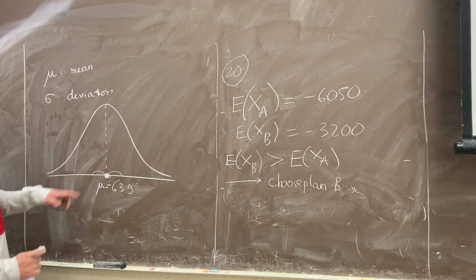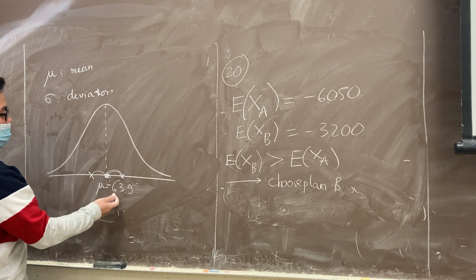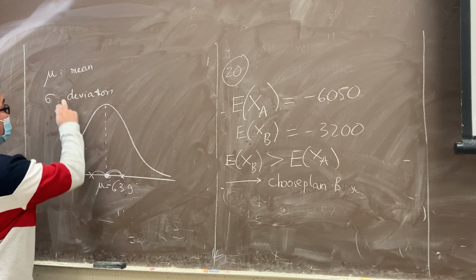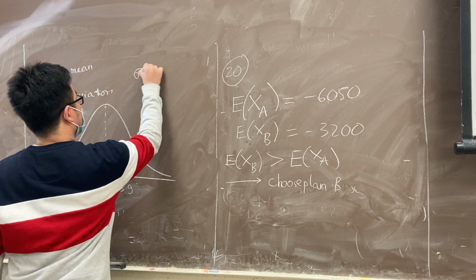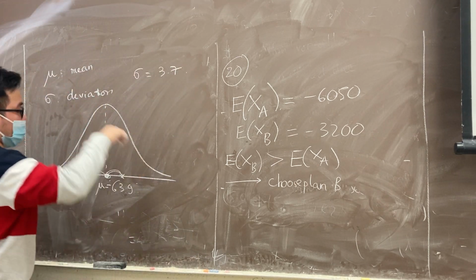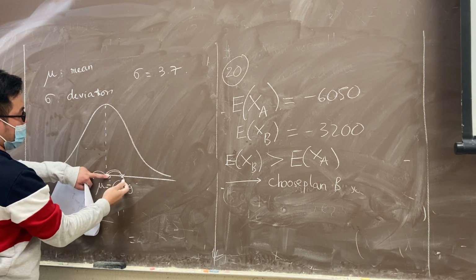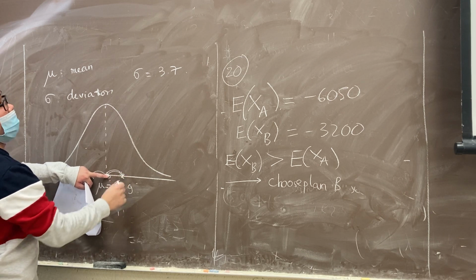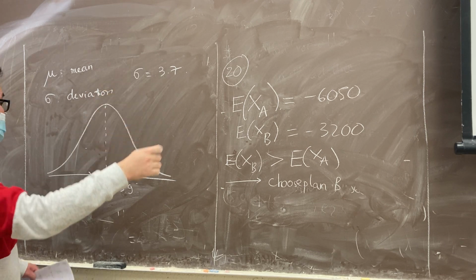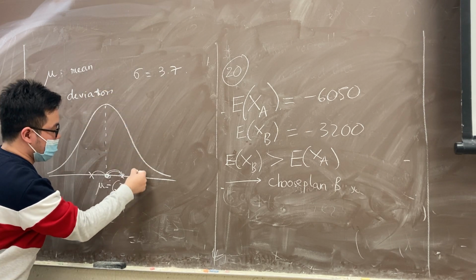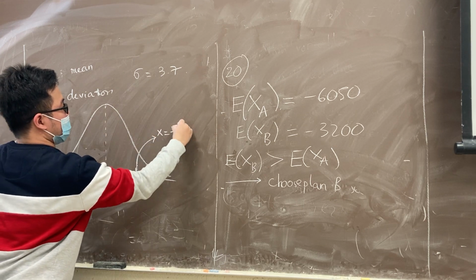So you can determine the value here by 63.9 plus the deviation. The deviation here is 3.7. So if you add 3.7, this is the next value, right? But the value here is 70.3, so it should be greater than here. So it should stay here.